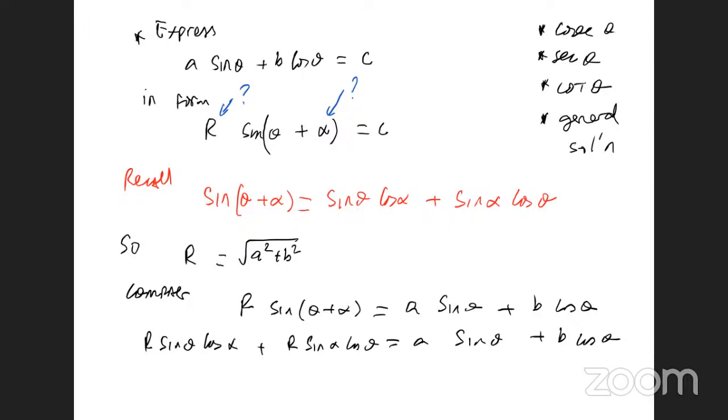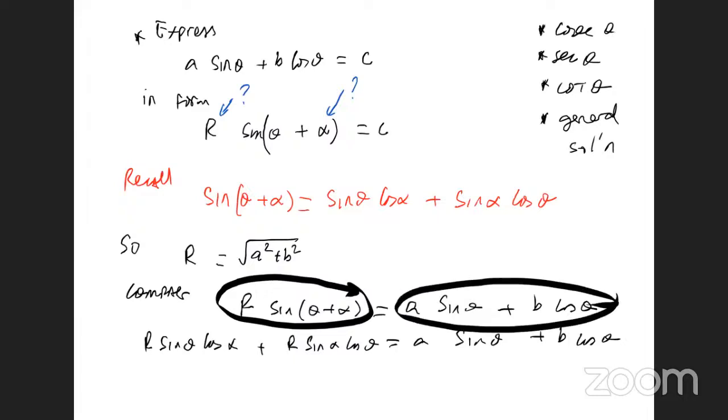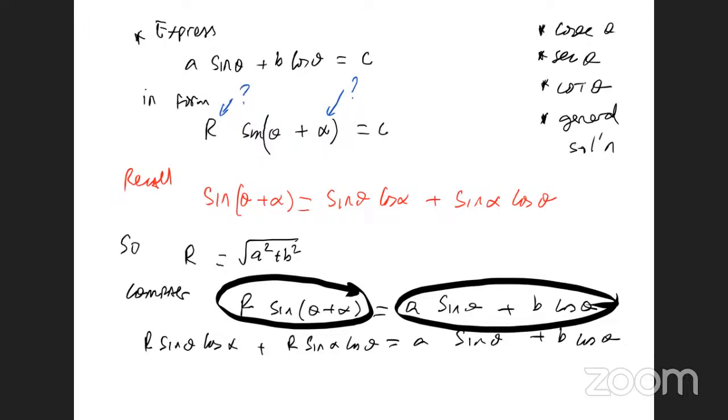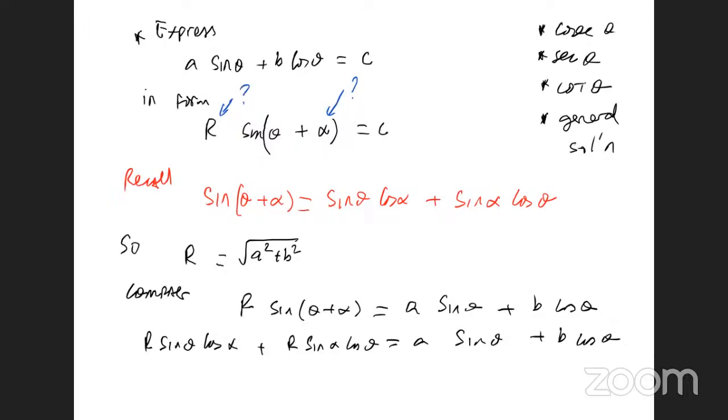So now we're trying to figure out how to get alpha. In order to get alpha, I am going to compare this here to this here. Because remember, I want to make this and this equal. I want to make two of them equal, so I should be able to compare them. Everybody okay with that?